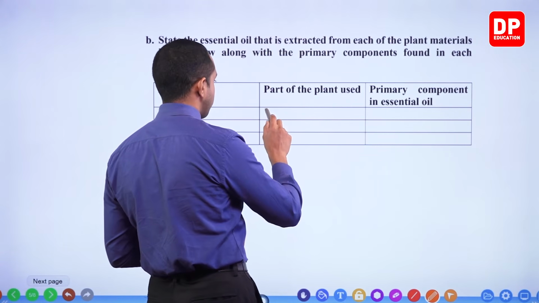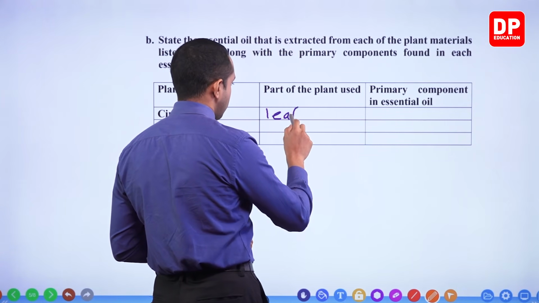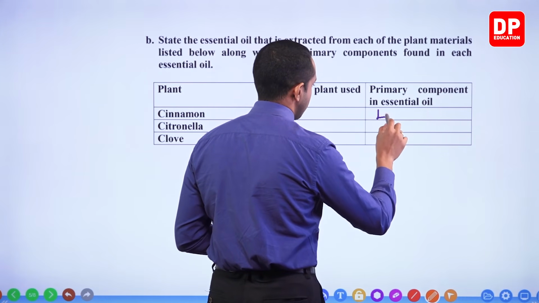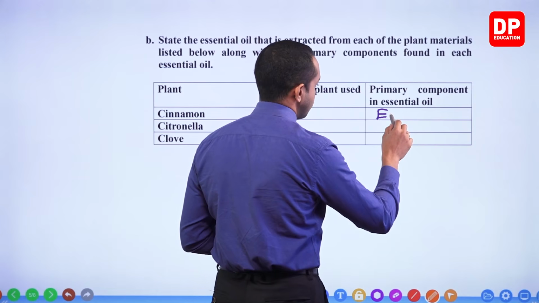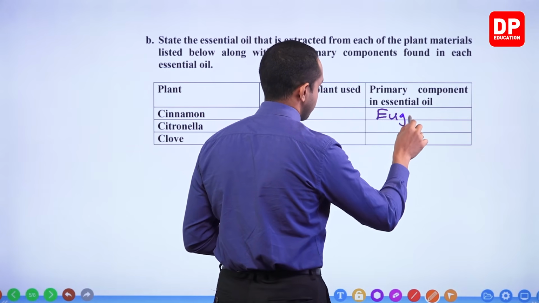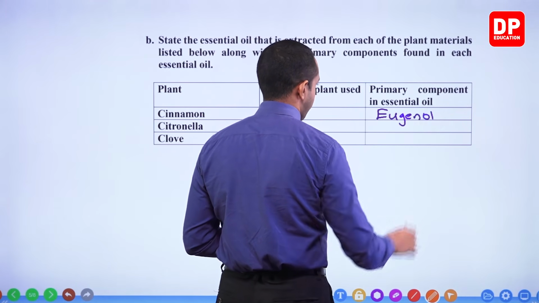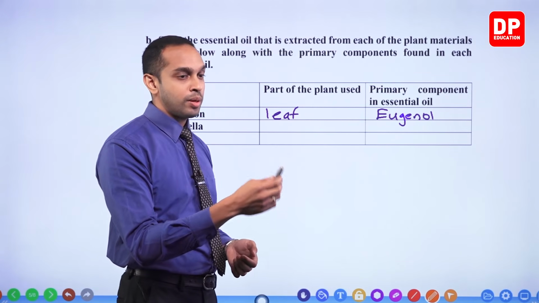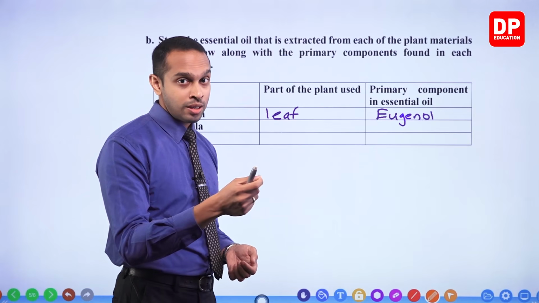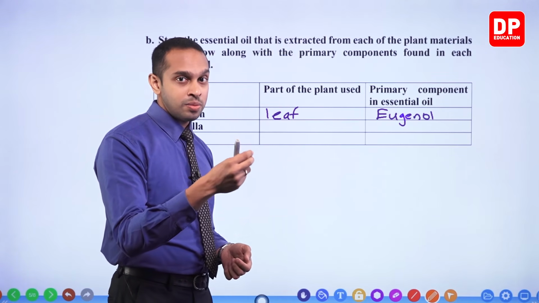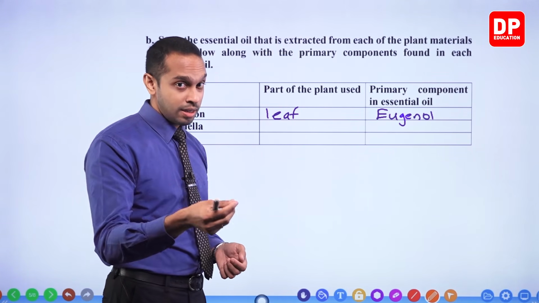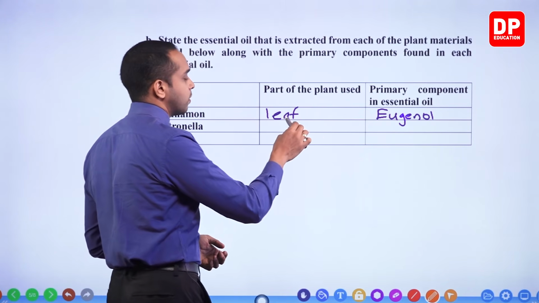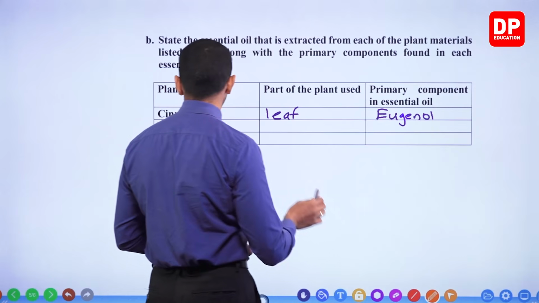If you use the cinnamon leaf, you are going to be extracting an essential oil containing mainly eugenol. If you use cinnamon bark, you will be extracting cinnamon oil that contains mainly cinnamaldehyde. So you have to keep that in mind. I have mentioned here leaf, so with the leaf, you get eugenol.